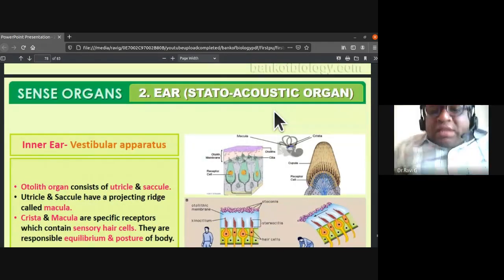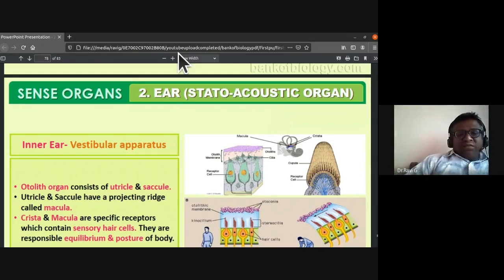The otolith organs consist of the utricle and saccule.